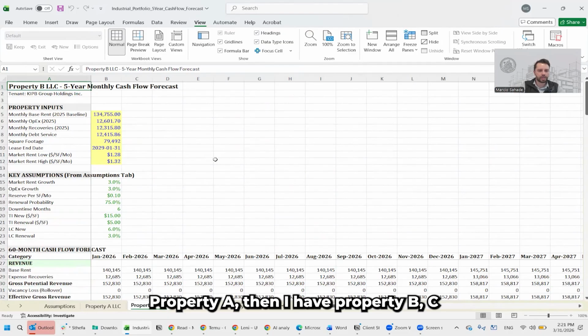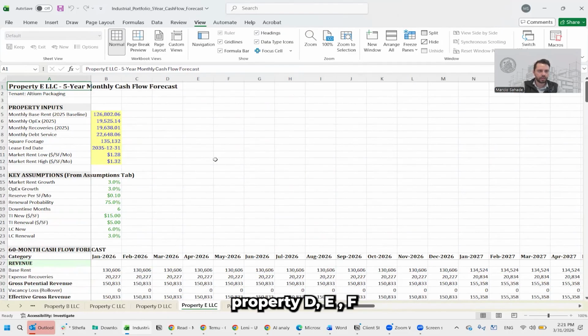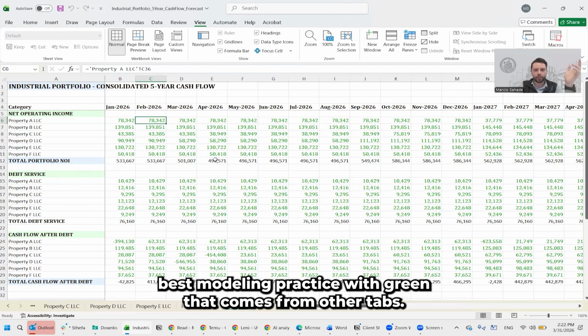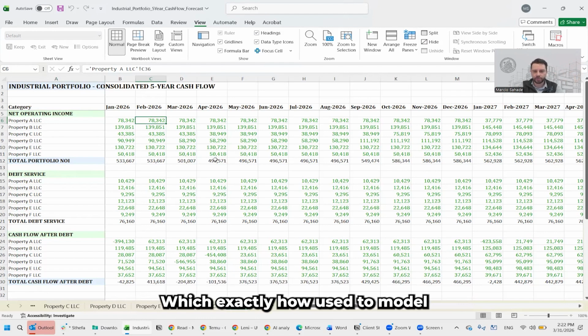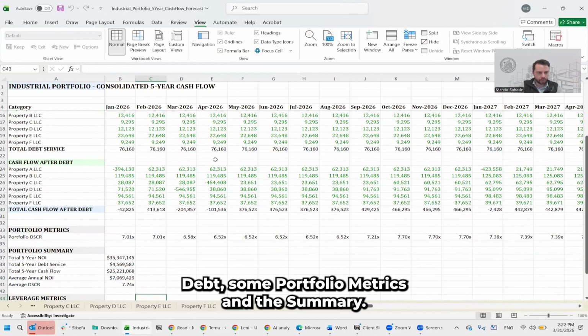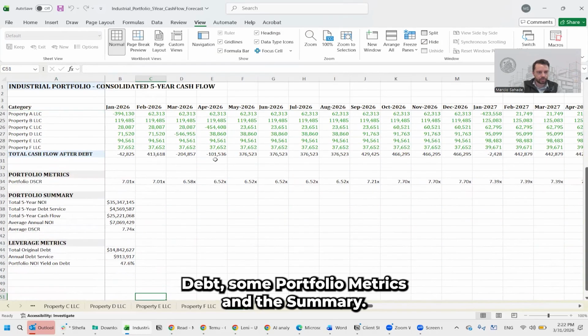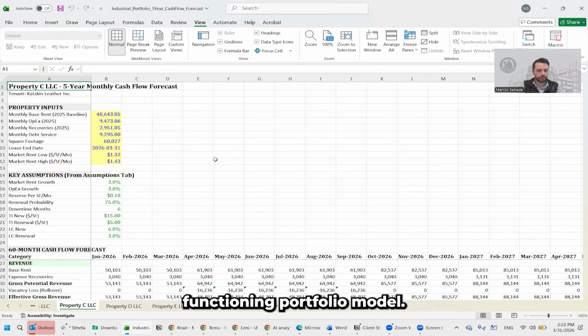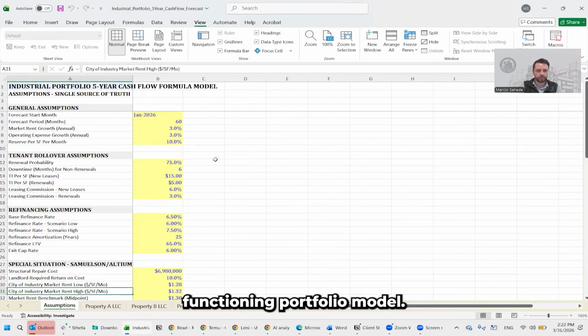Property A, then you have property B, C, property D, E, F, and then the whole portfolio. I love this one because look at this, it's getting again best modeling practice with green that comes from other tabs, which is exactly how I used to model. Then some portfolio metrics and the summary. So we got a fully functioning portfolio model. Quite interesting.